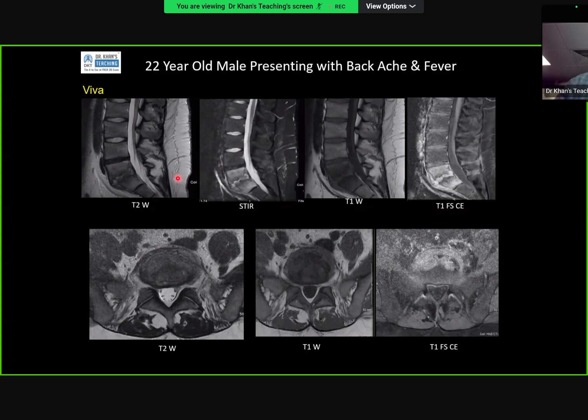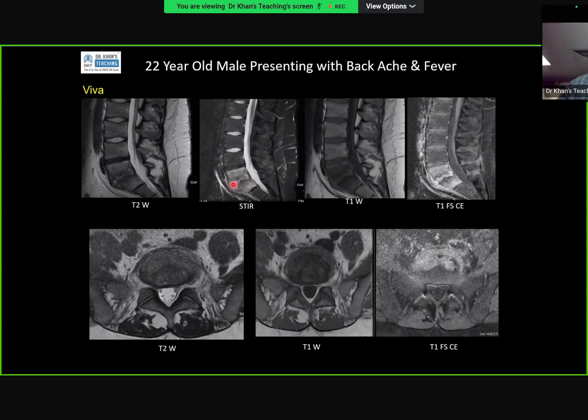So if you see here on a T2 weighted sequence, first of all, look at the intervertebral disc and you can see a bit of fluid inside, which of course is not the nucleus pulposus, it's different. When you see a fluid on T2 weighted sequence, that is very worrying. Then look at the STIR. On the STIR, the fluid becomes more obvious, and then you see that there is edema in the adjacent vertebral bodies.